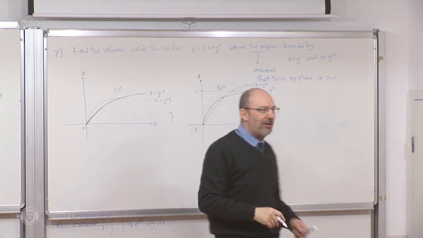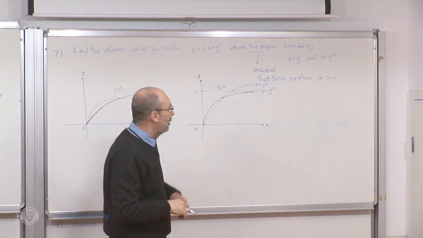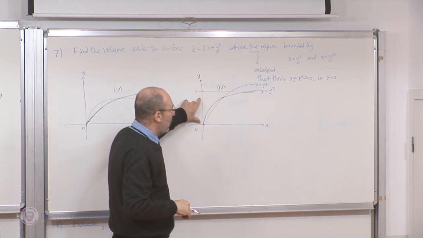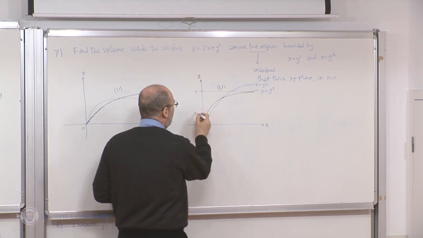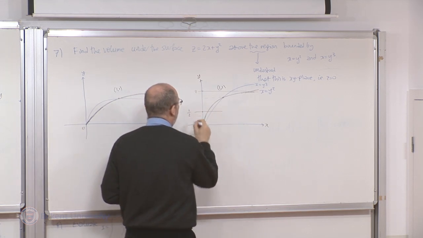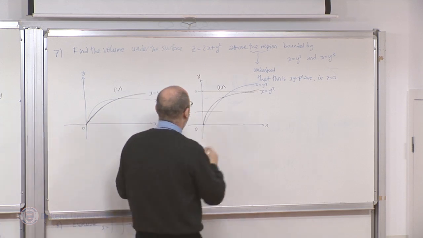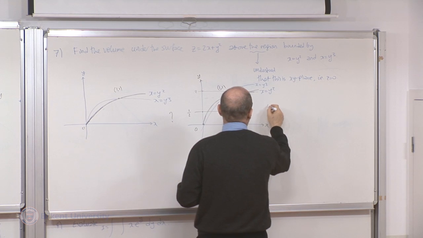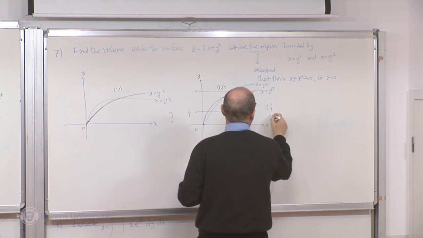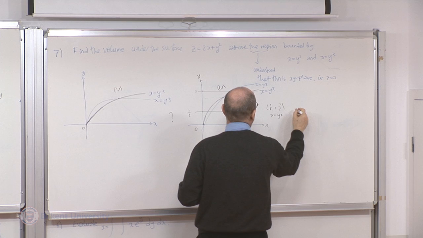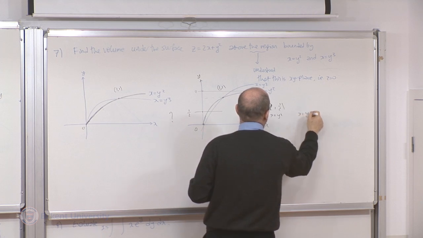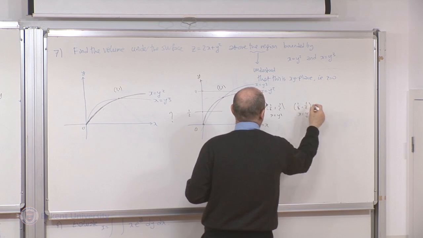You object, you tell. Between 0 and 1, you want to draw this. Suppose this is 1 over 2. Then if y is 1 over 2, x equals y squared is 1 over 4, and x equals y cubed is 1 over 8.